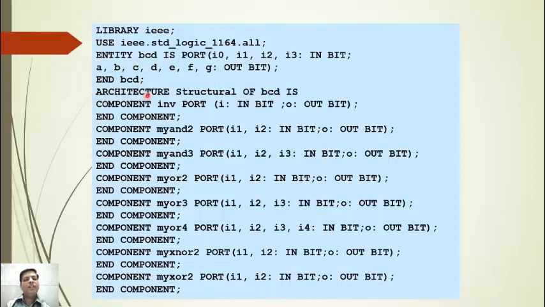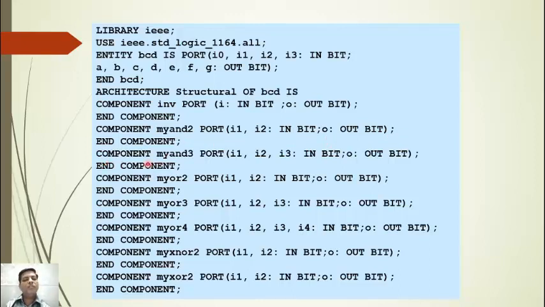Then we declare the architecture. Architecture structural of BCD is, then component inverter port I in bit, O out bit, end component. Here the inverter component is declared. Then the second component my AND 2 we declare: port I1, I2 in bit; O out bit; end component.